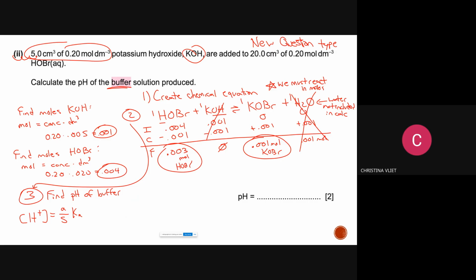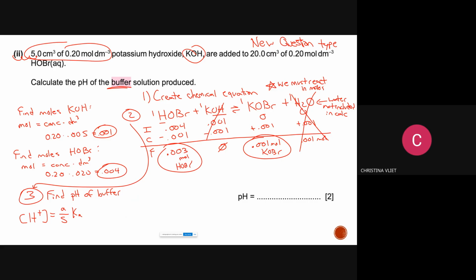Now what? I want pH. I think I'm looking for H plus. I must have my acid and my salt. Okay, wait. But these are in moles. Do I have to go back and change them to concentrations? No, I do not. Why? Because moles on the top, moles on the bottom, those units cancel. That's why I told you that last class.